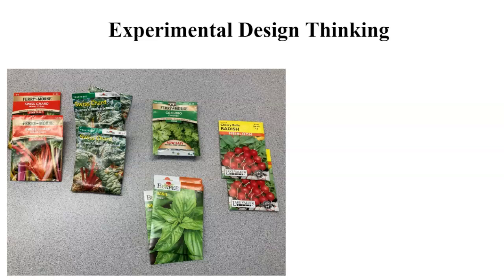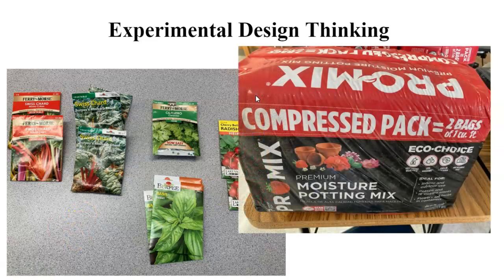This might be helpful on the weekends when I can't get in and water the plants too much during that time. So that's a picture of the soil that I got.